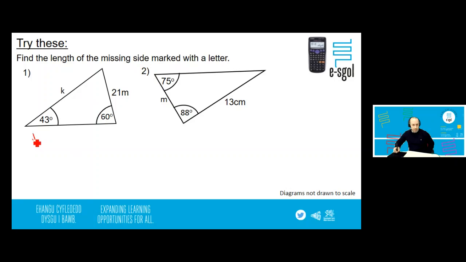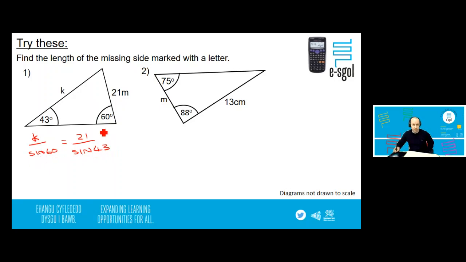So K comes first, and that is opposite the sine of 60, because it's the angle opposite the side that I'm finding. All of that is equal to 21, because that's the side I'm given in the question. And the angle opposite that is 43, so it's going to be the sine of 43. I'm going to do my bit of moving about.